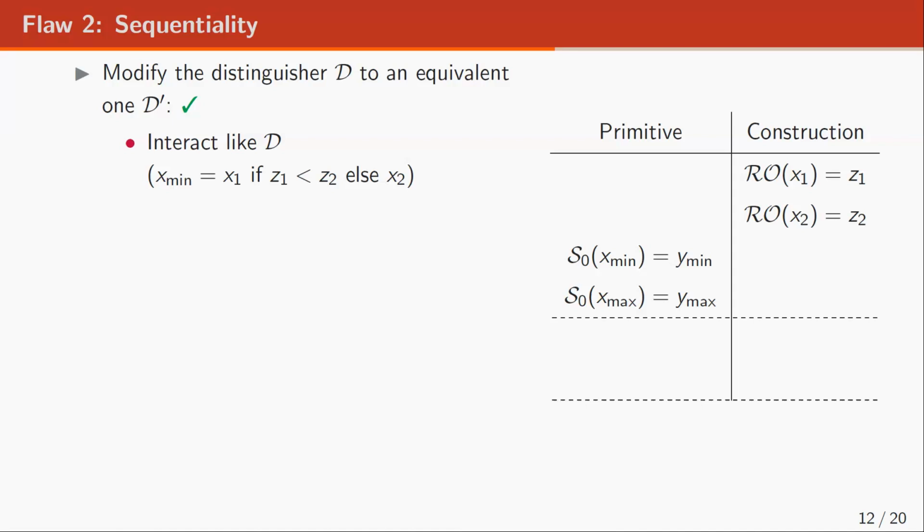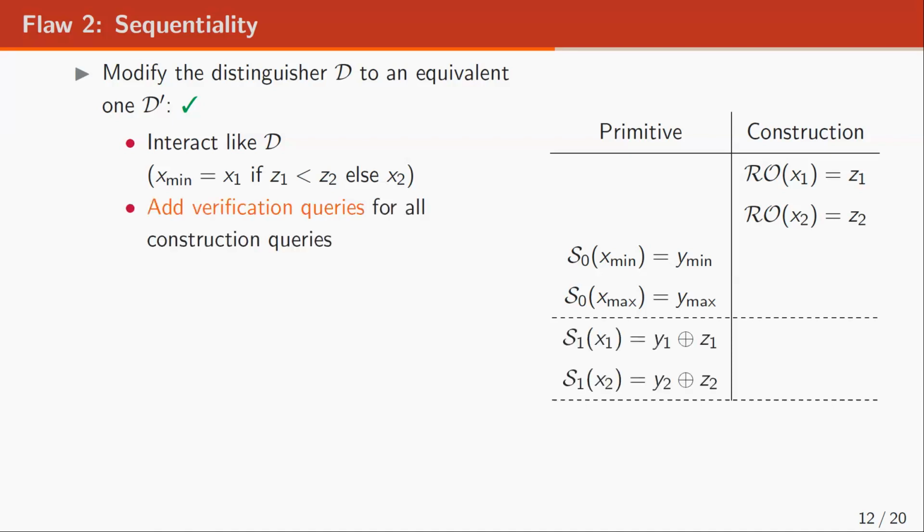Then it also makes the S0 queries, but it makes them in the order of these construction outputs. So if z1 is smaller than z2, it will first query x1, then x2. If it is the other way around, then it will change the order. So that is what D does. And then D prime will also make additional verification queries, also to S1.